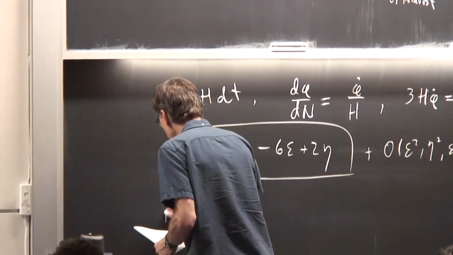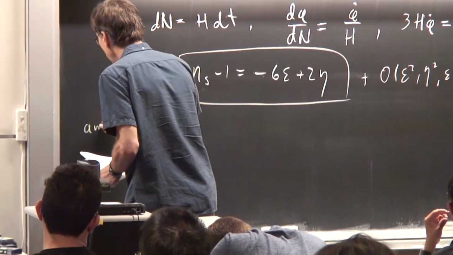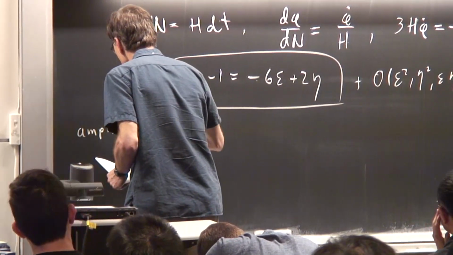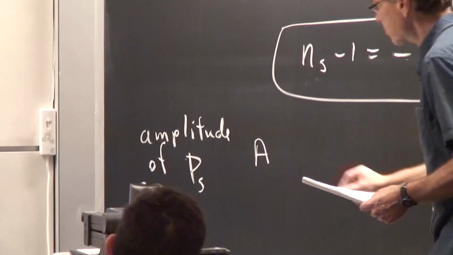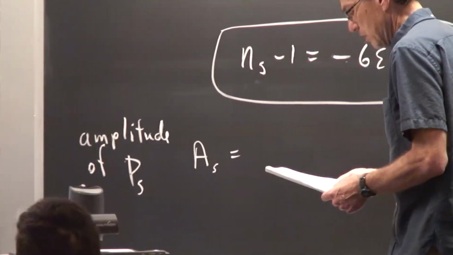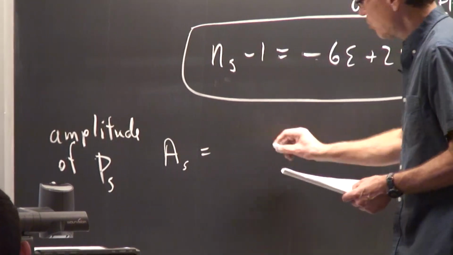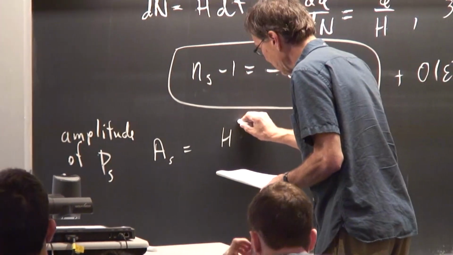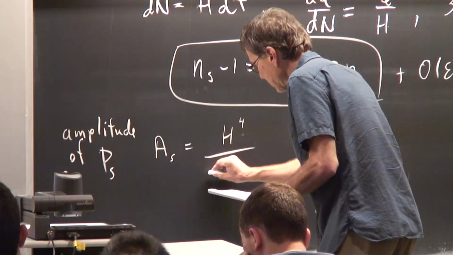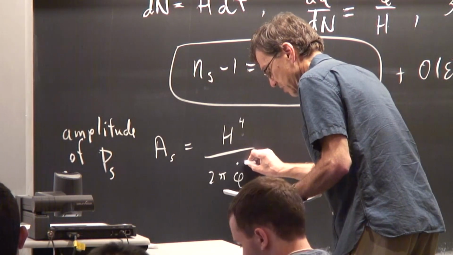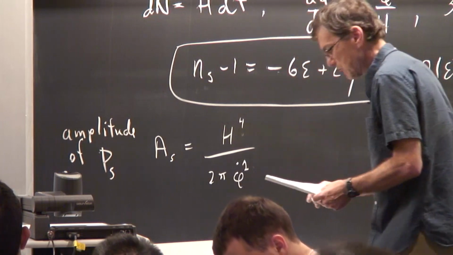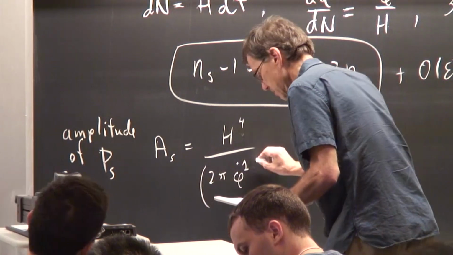So the amplitude of the scalar power spectrum, we derived what it was parametrically. If you look more carefully, there's factors of 2 pi.